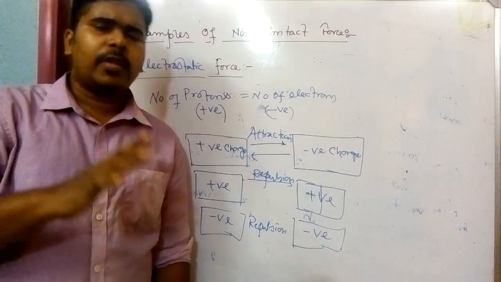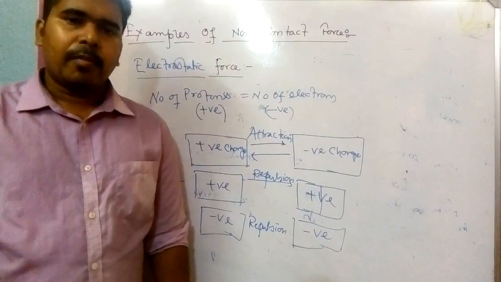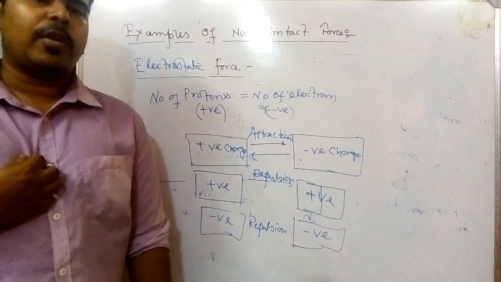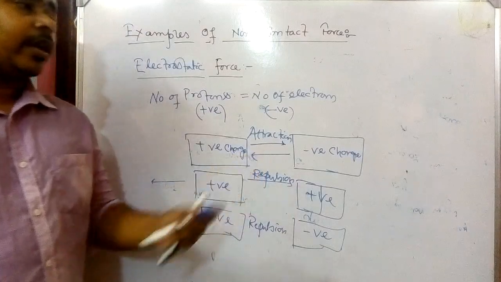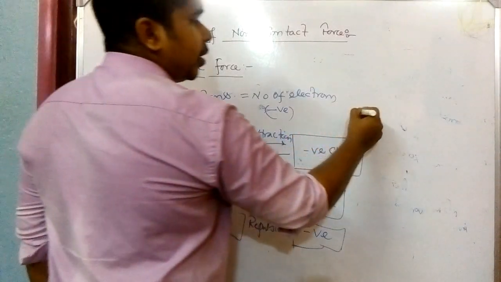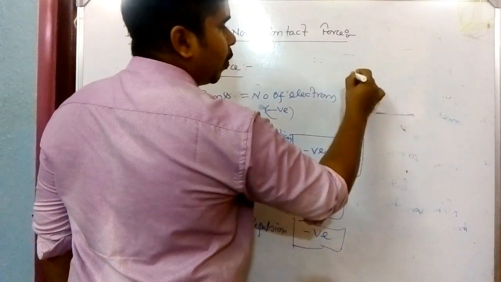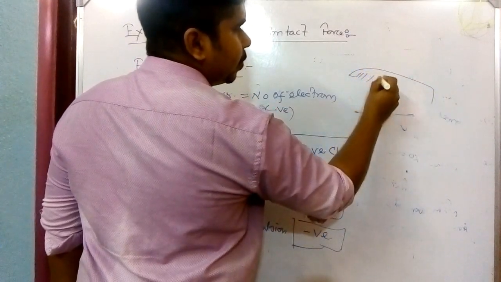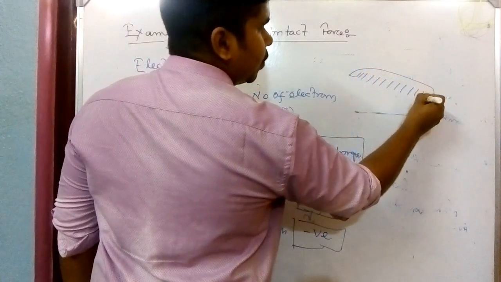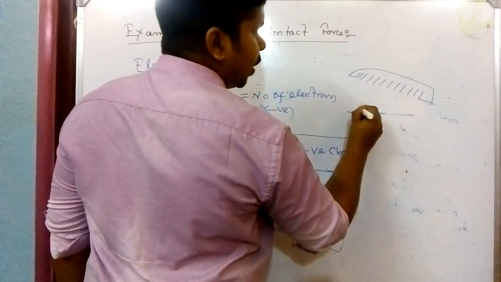Whether it is positive or negative, I don't know. But whenever you take it to the pieces of paper, the pieces of paper have opposite charge and they are attracted. Simple experiment. That is an experiment of a comb and some pieces of paper.